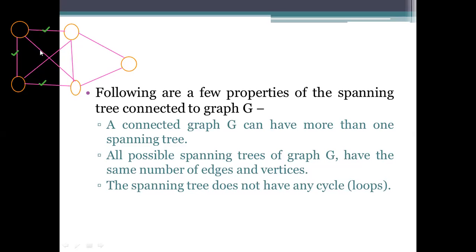If you take this one, we need to avoid this edge. Here also we can take this value, but then it forms a loop.